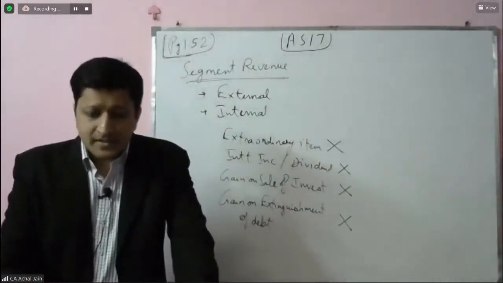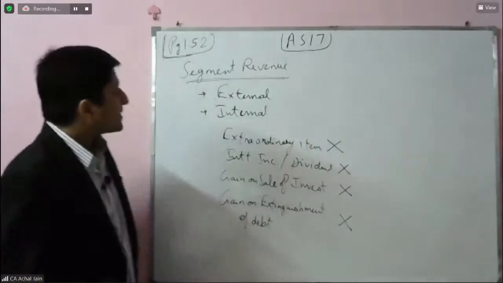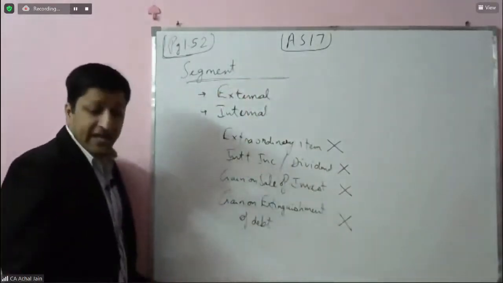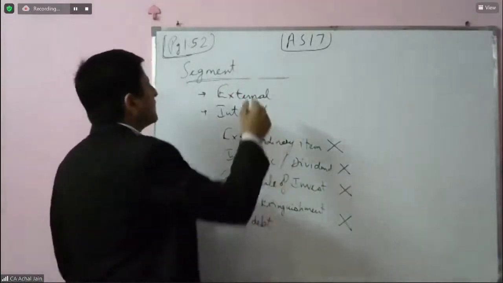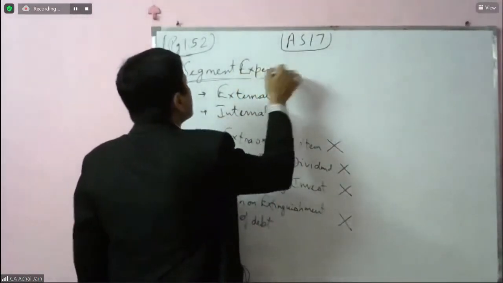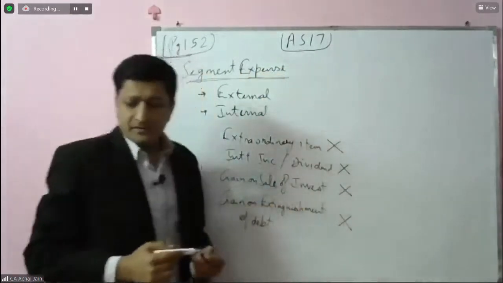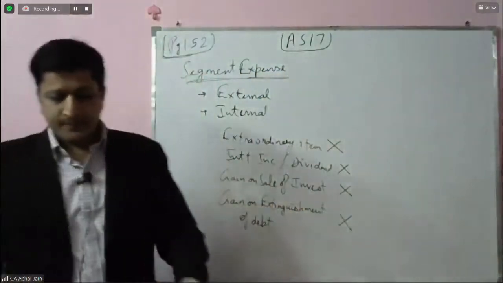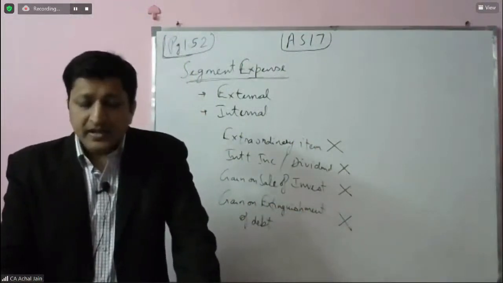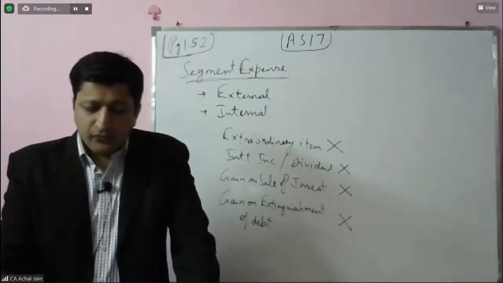Segment expense. What does it include? Once again, you will say segment expense will include any external expenses incurred by that particular segment and the expenses related to transactions with other segments.